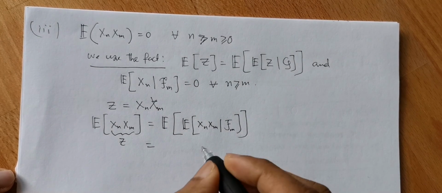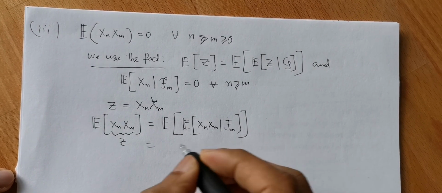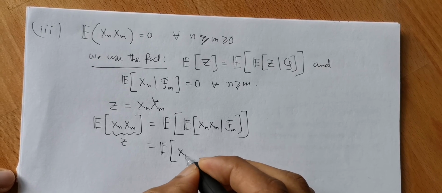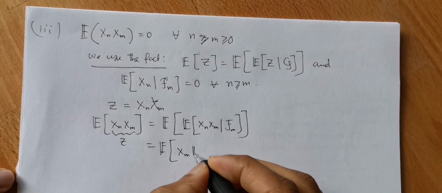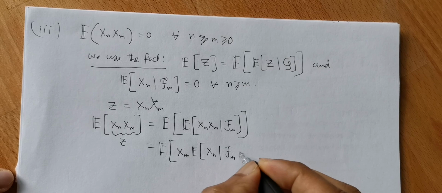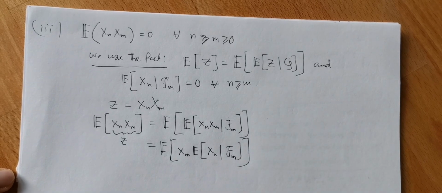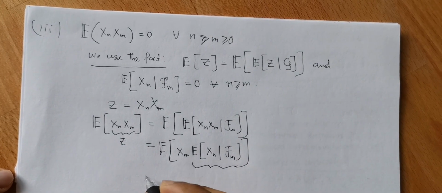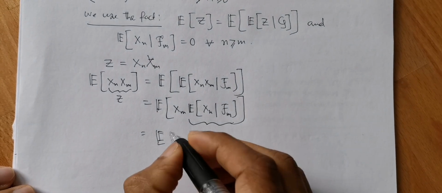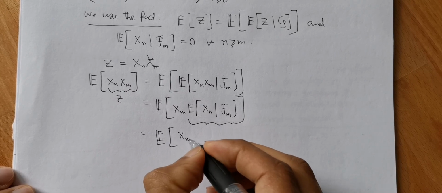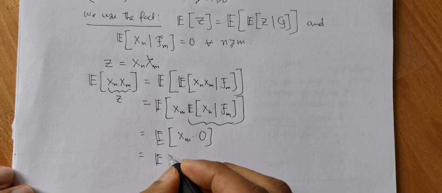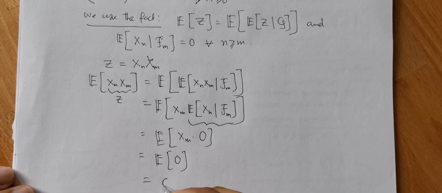Now Xm is Fm measurable, so we can take that part out, Xm, and then the conditional expectation of Xn given Fm, but this quantity is 0, so we can write 0, and then this is 0.